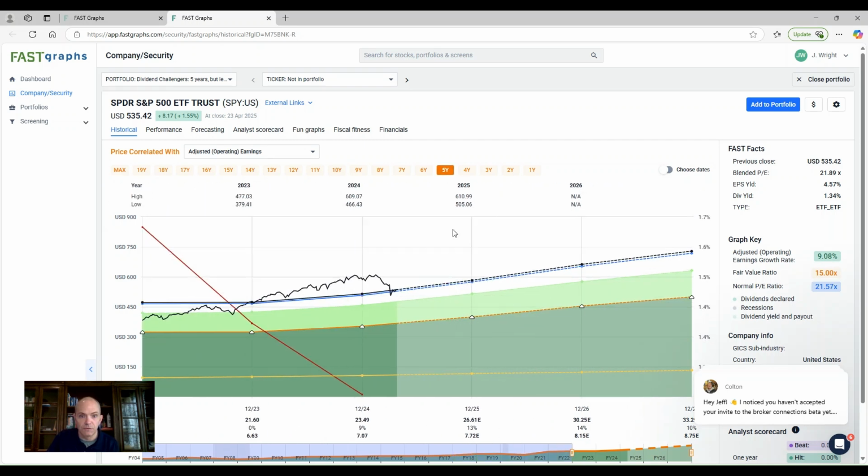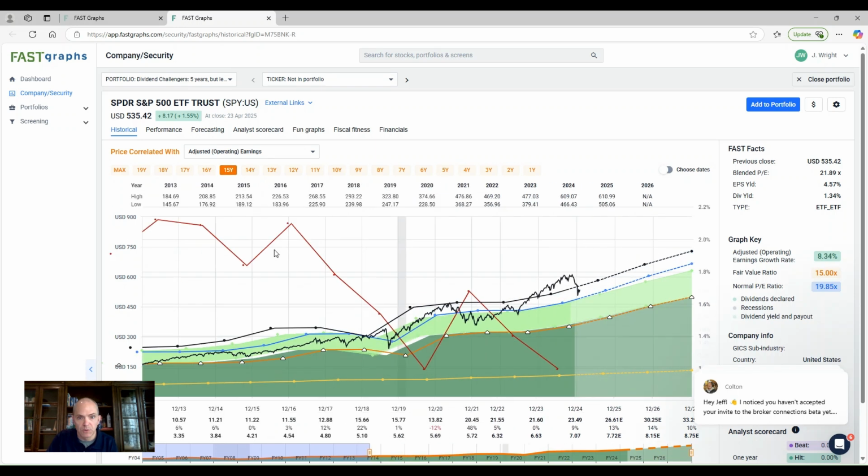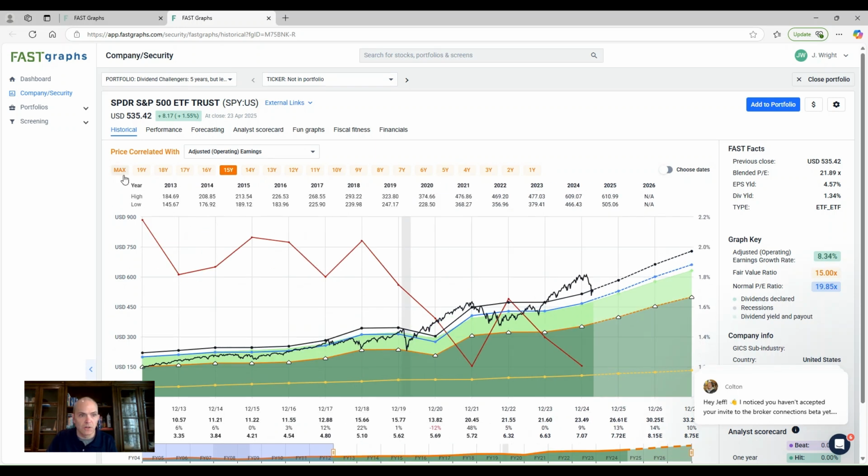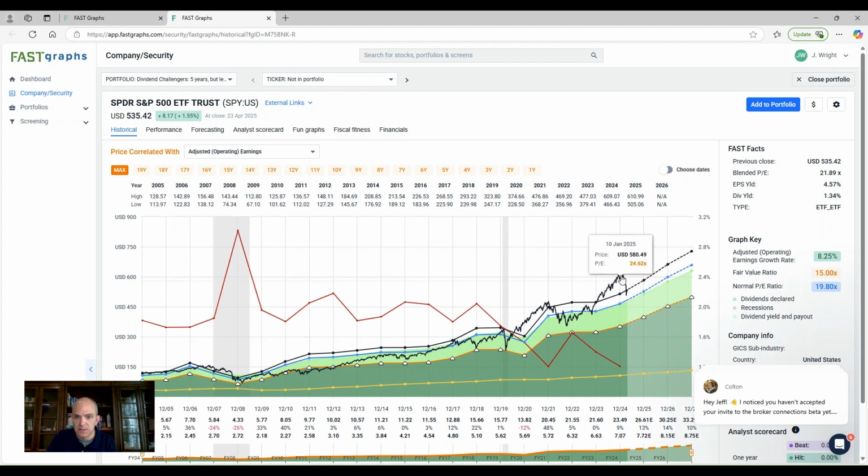If you do 5 years, we're coming in to kind of an average normal price range. The fair value is still going to be down here at 15, so we're not anywhere near that. As we're having this stock market volatility, the market's really been overpriced, and that's been one of the major problems. The tariffs are making it move around, but really the S&P has been way overpriced, and that shows up if we back out in this chart very easily. You can see, just even in January, we were up here at a 25 PE, which is way, way high.